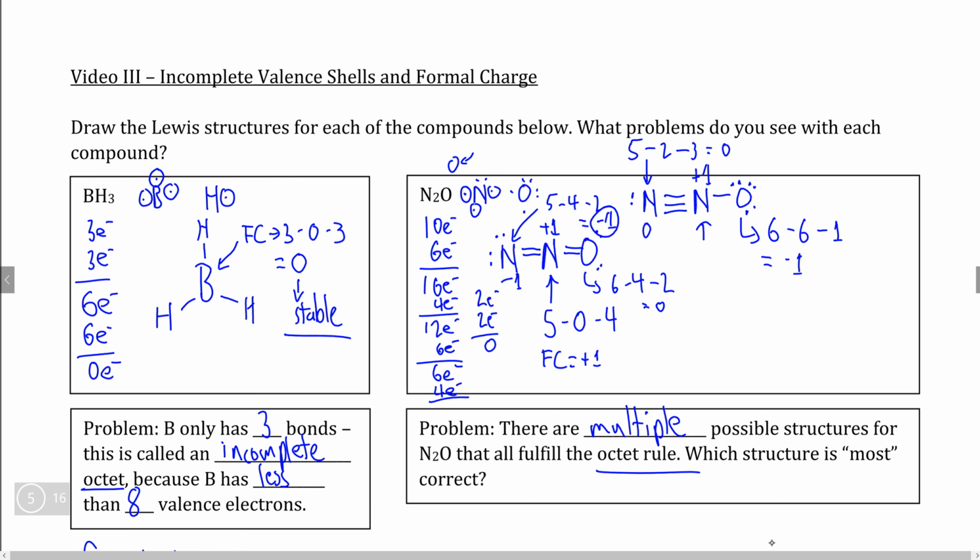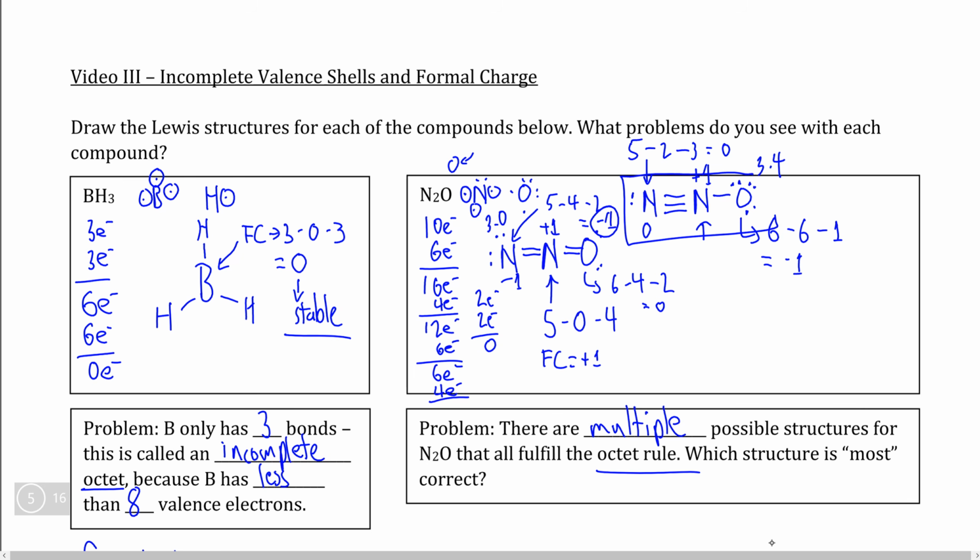Now, which of these structures is a better structure? Well, remembering the last rule about formal charge placement, this oxygen here, remember that oxygen has an electronegativity of about 3.4, whereas nitrogen's electronegativity is around 3.